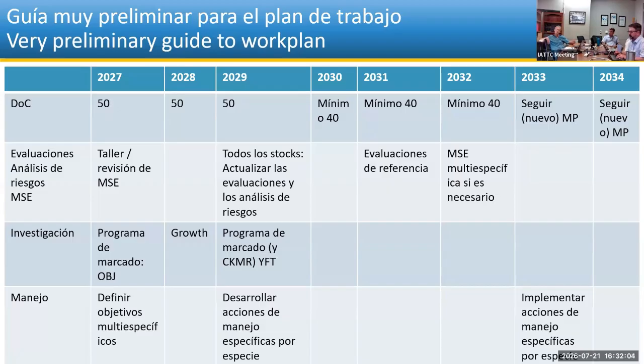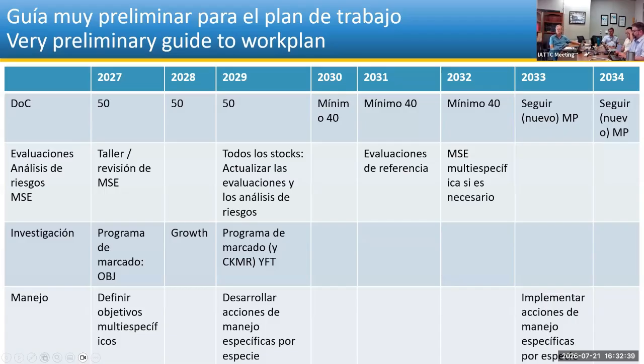And so we want to tag large yellowfin to get a good estimate of absolute abundance and other related things like stock status, stock structure and natural mortality. So we would like to implement a tagging program focused on yellowfin tuna in 2029. And so that would give us time to collect the data and evaluate that information to put into the benchmark assessments to improve the assessments.